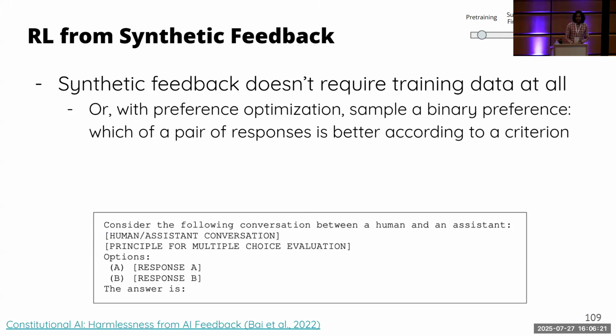And even more simply, if you're doing something like preference optimization, like DPO, you don't even need to ask for a numerical score. You can just provide a model two possible responses and ask which one is better, and use that as direct supervision for DPO. Zephyr is a famous example of a paper that does this.